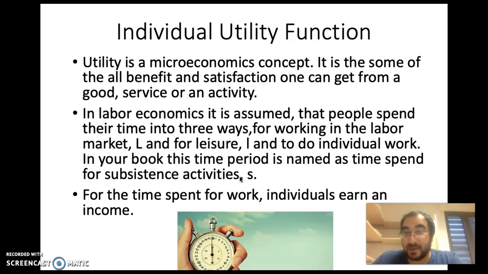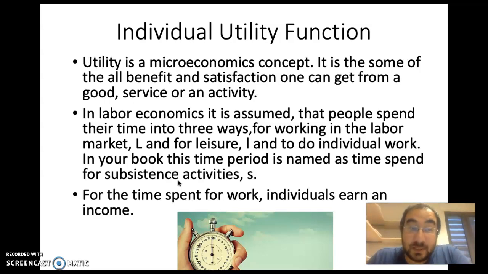Leisure and labor start with the same letter, so basically these are the definitions from the book, so I keep them. Capital L represents the labor, and the small l represents the leisure. And lastly, you need to spend some time for subsistence activity like cooking, cleaning your house, caring for your child.